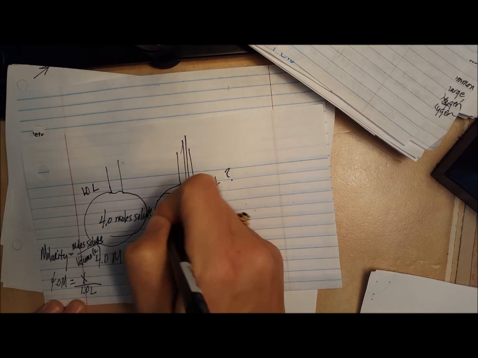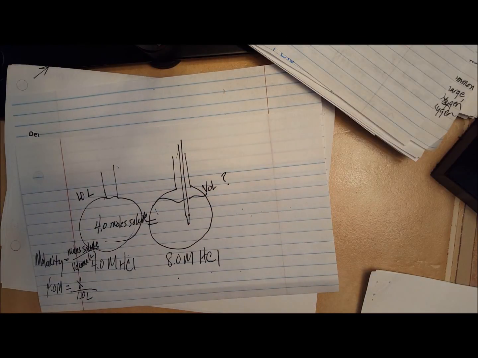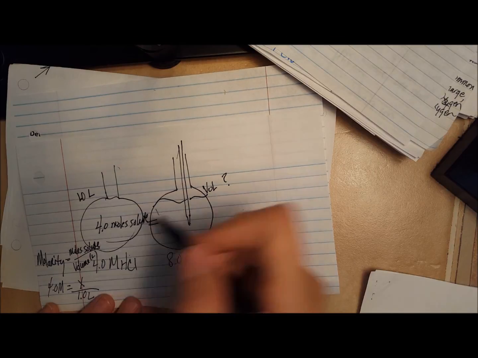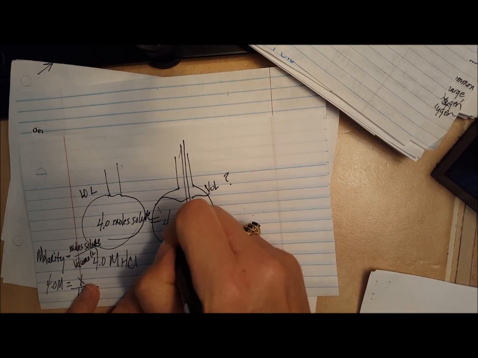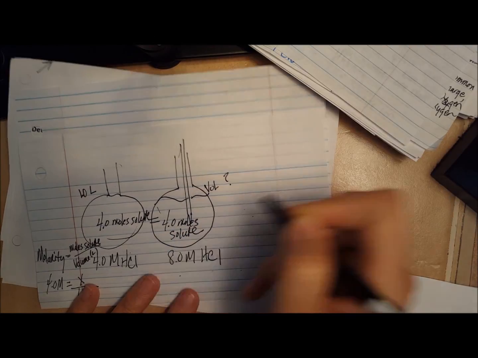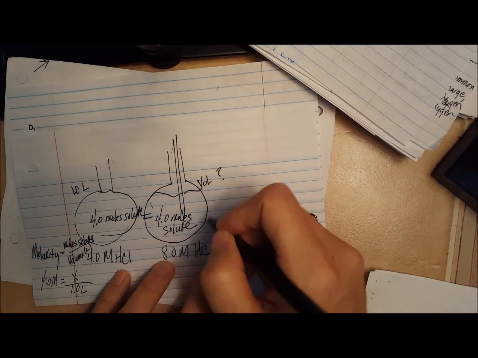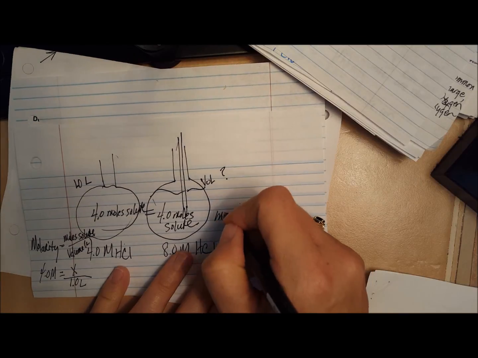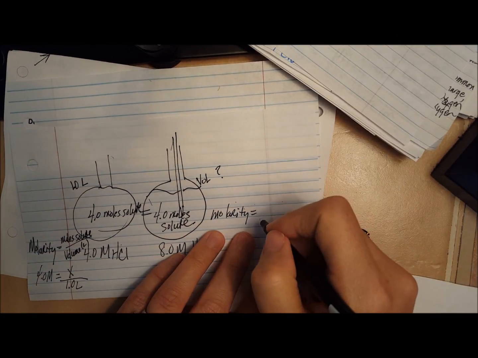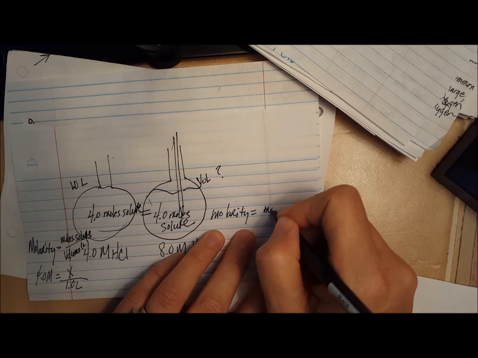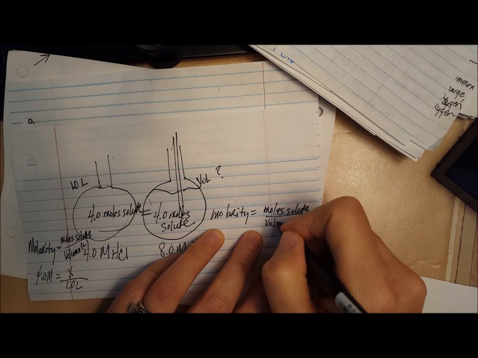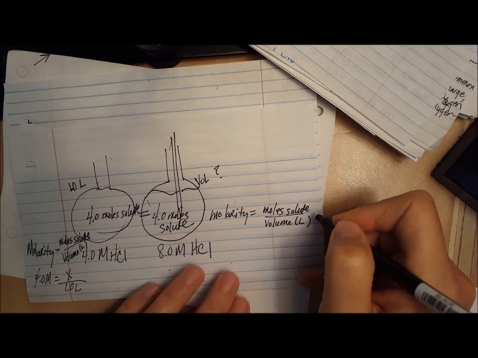And we know because of our notes that I gave you that the moles of solute for the dilute solution is equal to the moles of solute for the concentrated solution. So this also equals 4 moles. And then if you plug this into our equation, molarity equals moles of solute over volume of solution in liters.